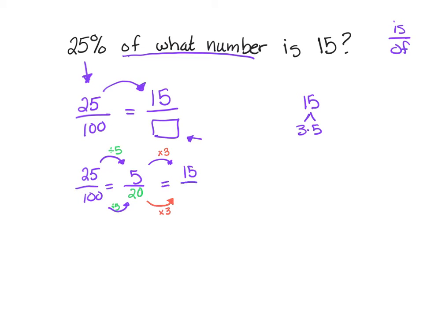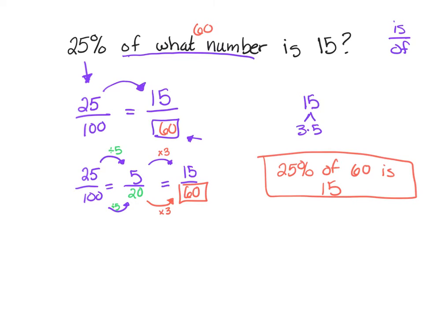So then 20 times 3 would be 60. So that would be my answer. So 25% of 60 is 15. That would be my answer.